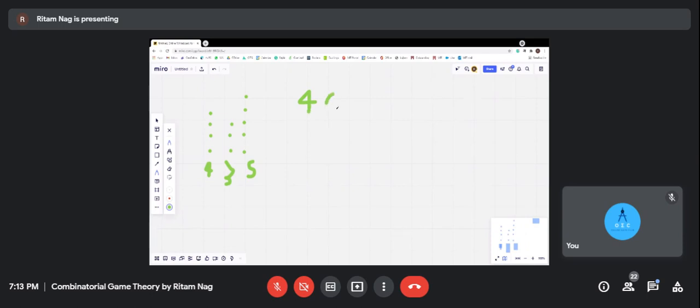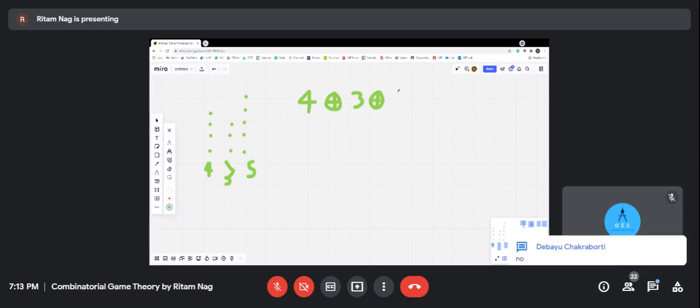Does everyone know what the exclusive OR is? So in this case, the exclusive OR of 1 and 3 is 2, so it's actually winning for the first player.